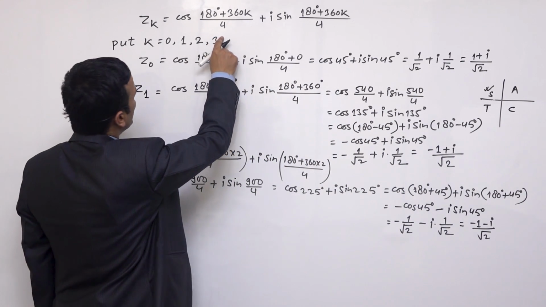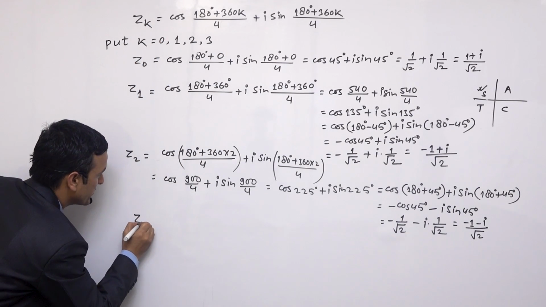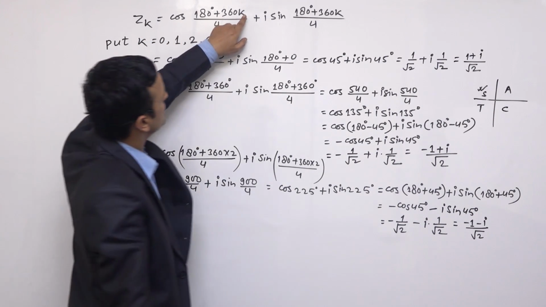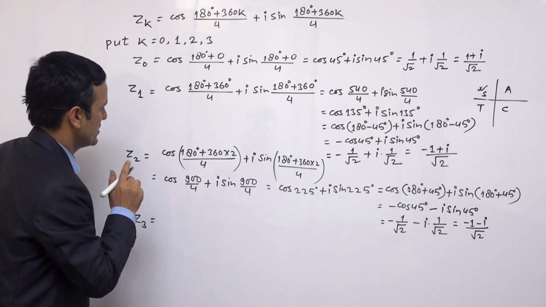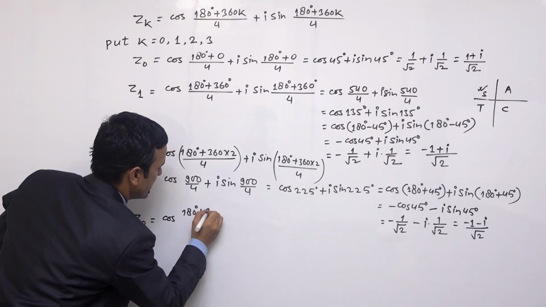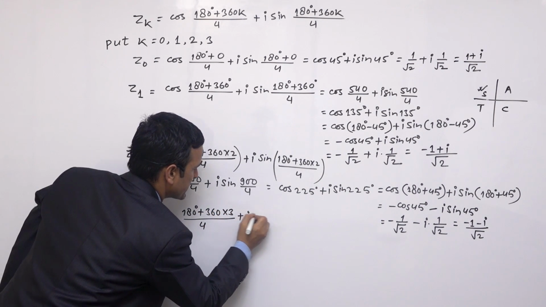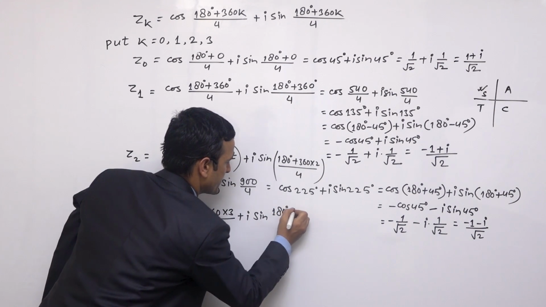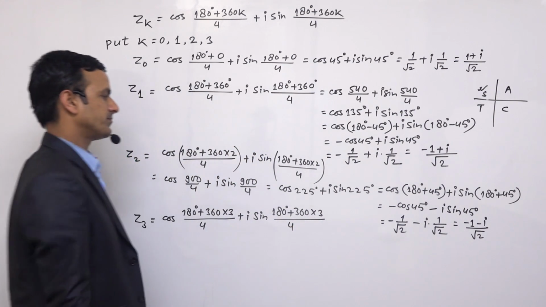Similarly, if you put the value of k as 3 over there, then it will be another solution, z3. Let's put here the value of k replaced by 3. So cos (180 plus 360 into 3) divided by 4, and similarly i sin (180 plus 360 into 3) divided by 4.